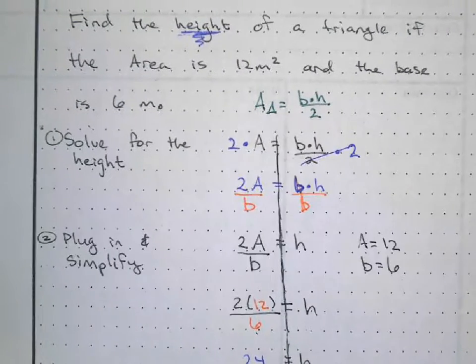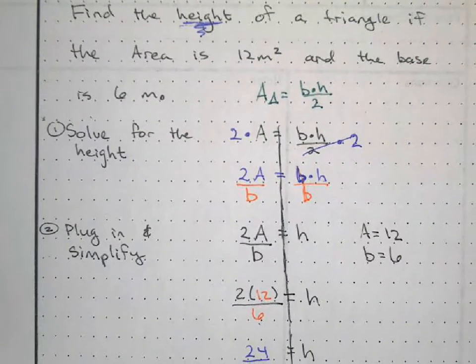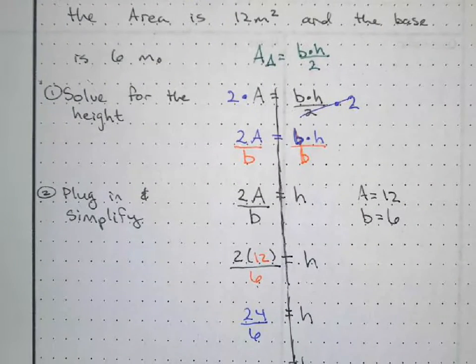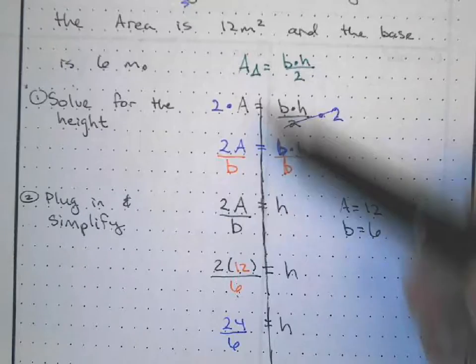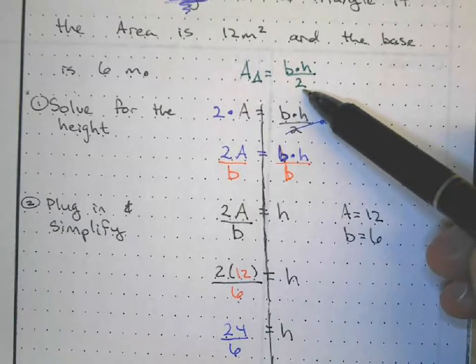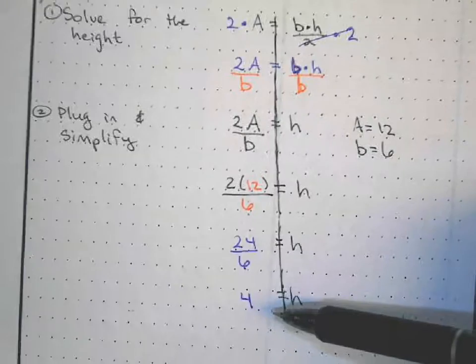It's really important in science because sometimes our numbers aren't really friendly. 12 and 6 are nice and friendly, but what if I have numbers that have 6 decimal places? I want to wait till the very end to plug those in and not be writing all those decimal numbers early on. So this is helpful when we're dealing with really strange numbers.